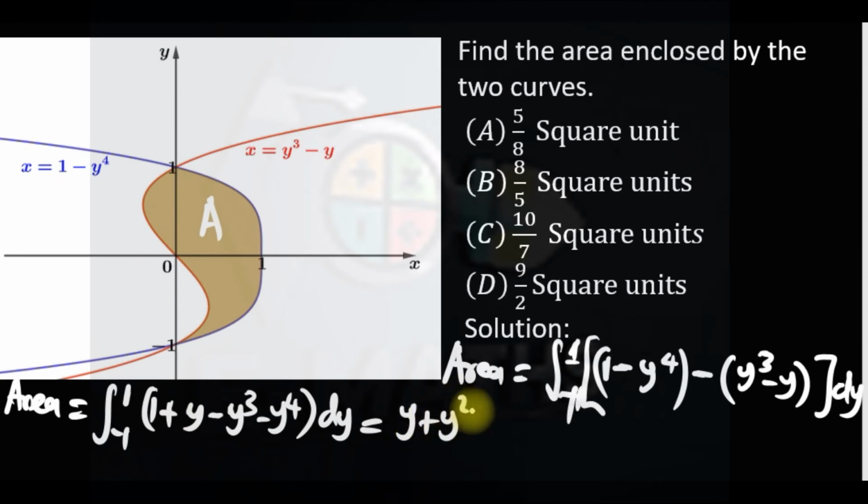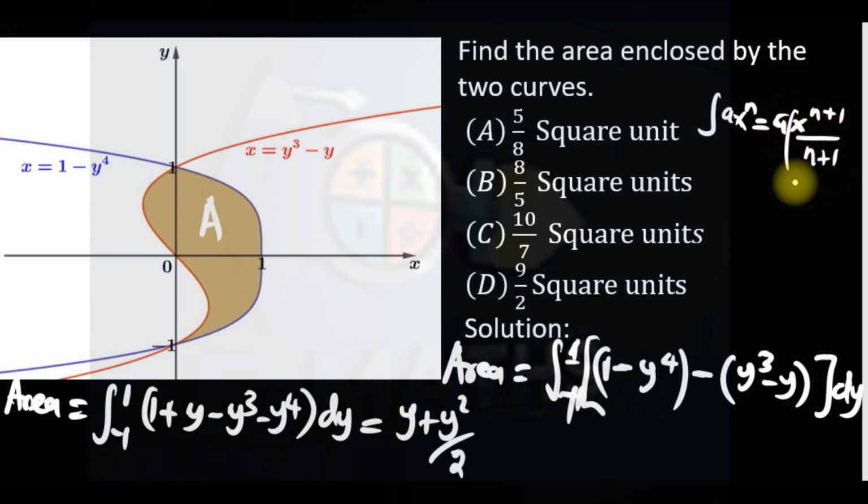Do you remember how you do integration? For the integral of anything of this form, you add 1 to the power, divide by the result, times the constant. So 1 is like 1y raised to the power 0, so we have 1y to the power 0 plus 1 over 0 plus 1.